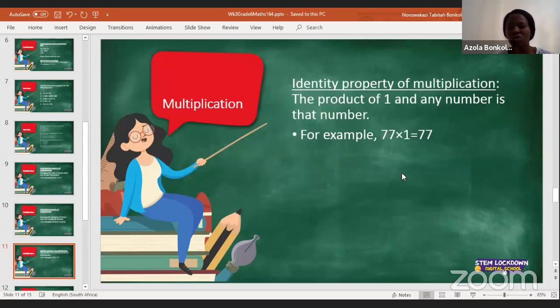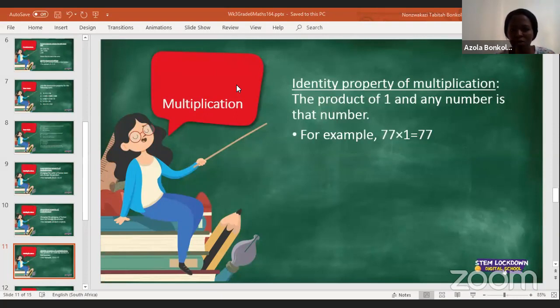So if we were to say 77 multiplied by 0, what would be the answer? What would be the answer if we were to say 77 multiplied by 0? I just want to quickly check the chat box. Yes, that's correct. Everyone is saying 0.